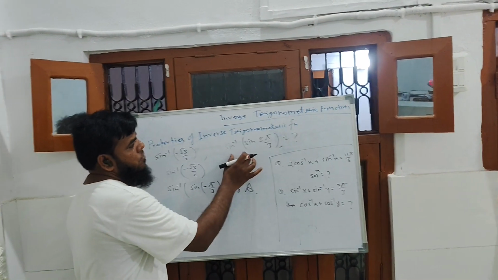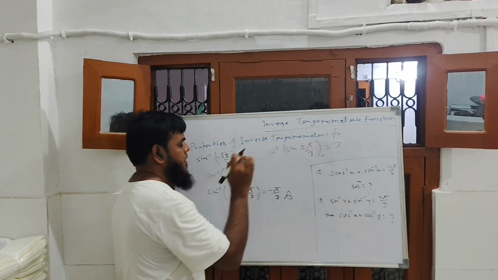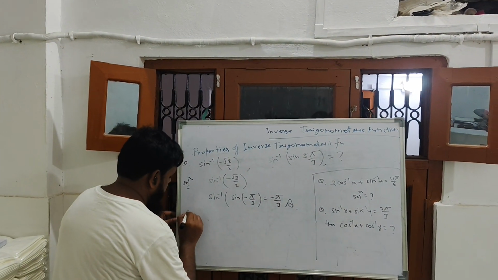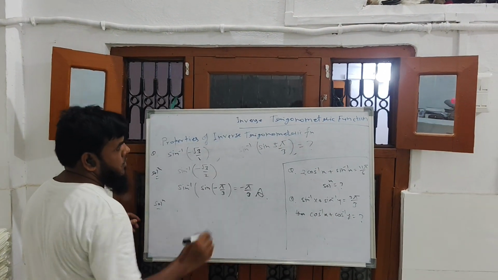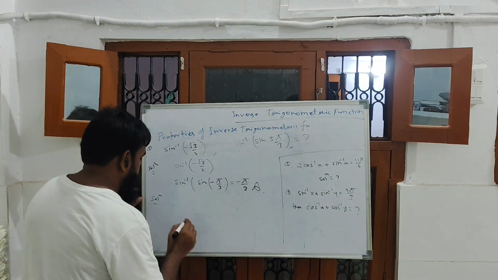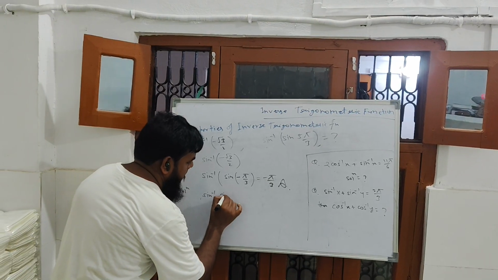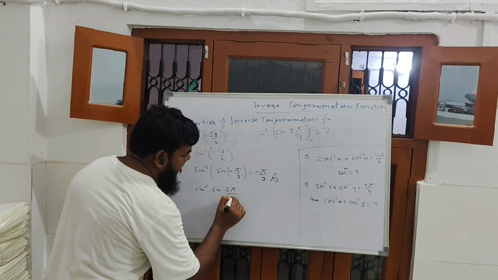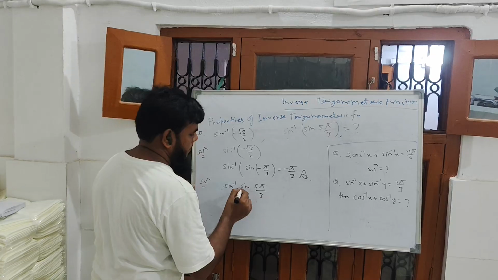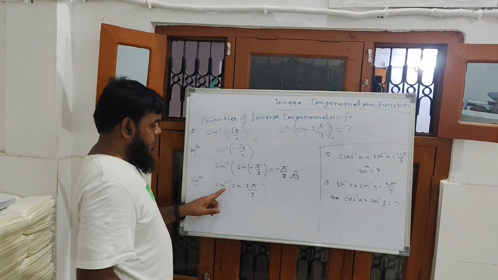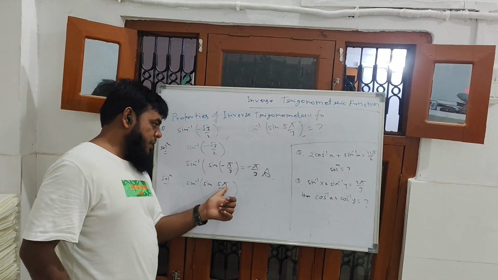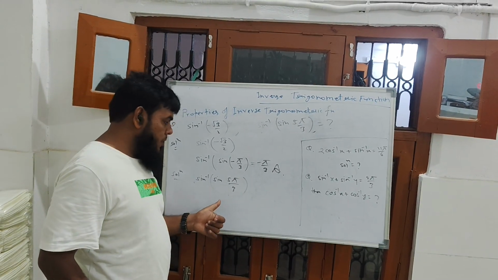Now the question sine inverse sine pi by 3. We cannot cancel these and simply write pi by 3. Why?